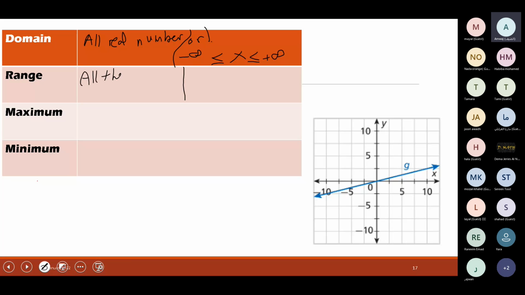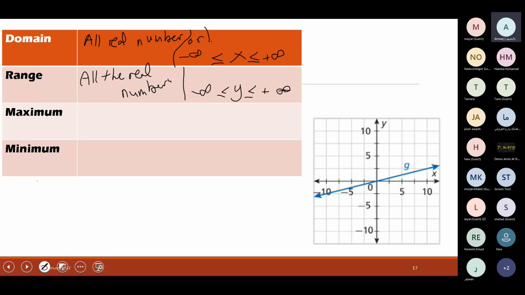You can say all the real numbers, because as Nada said, it is a line. It is open, so I cannot determine what is the minimum value and what is the maximum one. So the real values, or you can say y is greater than negative infinity, less than positive infinity. Thank you. Teacher, Yara said in the chat that she has a problem with her mic. Okay, thank you.